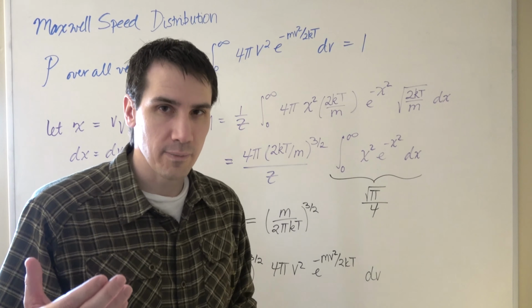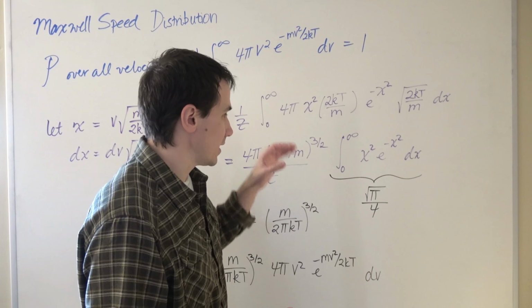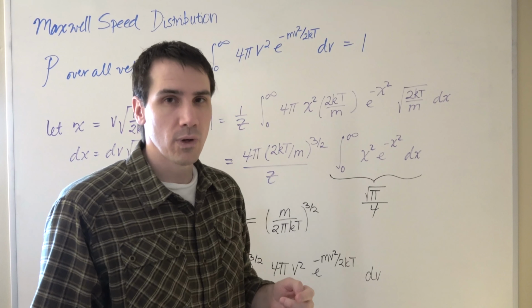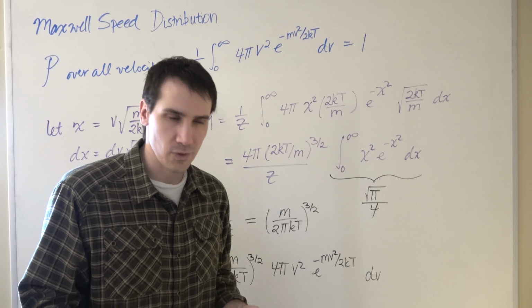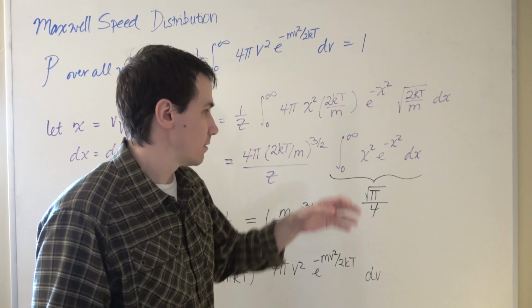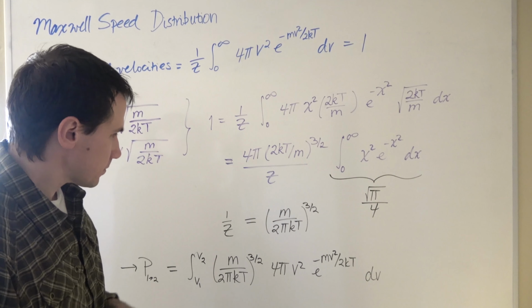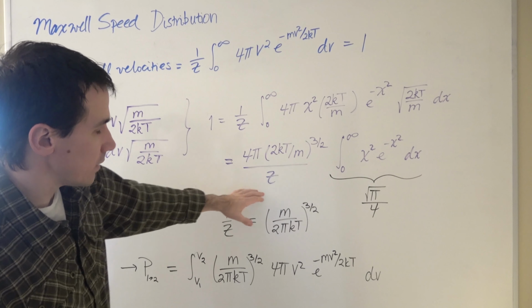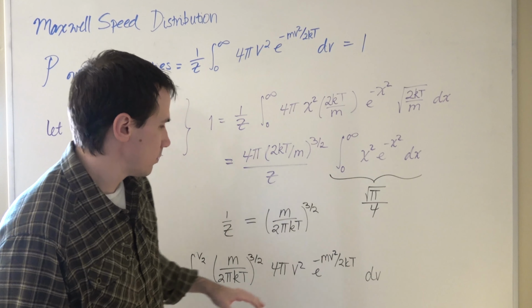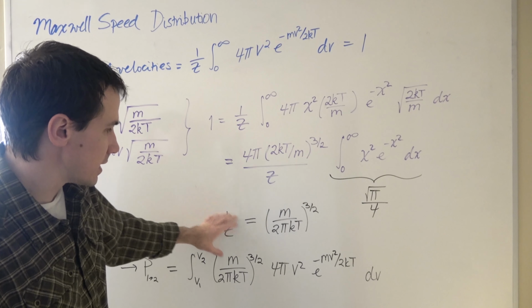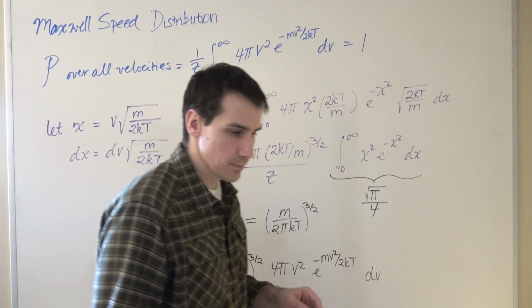We'll talk about how to evaluate this integral when not integrating from 0 to infinity, where we'll have to basically rely on computers to find the value of that integral. Solving here, we know that our integral is equal to the square root of pi over 4. We therefore find that 1 over Z is equal to this value here.